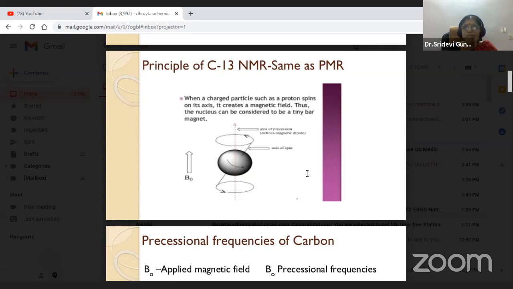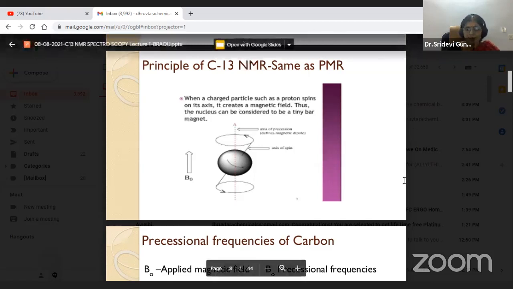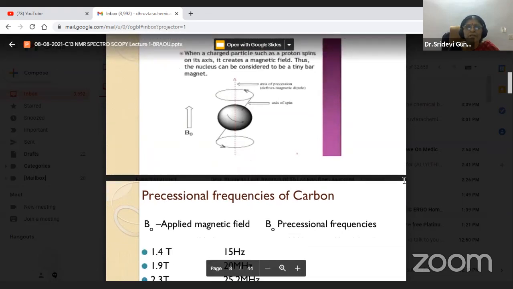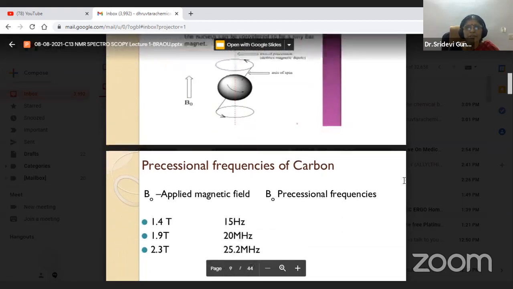Only the 1 nucleus that is extra in the lower energy state will contribute to the excitation. That's the reason why it's sensitive. And not just a million molecules will be there, many millions will be there. That's the reason why overall there will be a slight magnetic moment in the applied magnetic field.